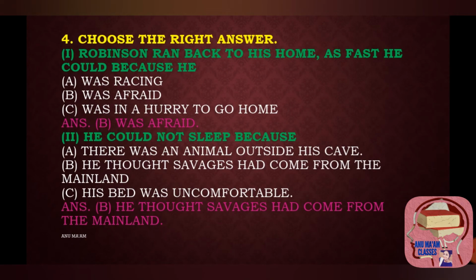Choose the right answer. Robinson ran back to his home as fast as he could because he was afraid. So right answer is he was afraid. Second is he could not sleep because the answer is because he thought savages had come from the mainland.